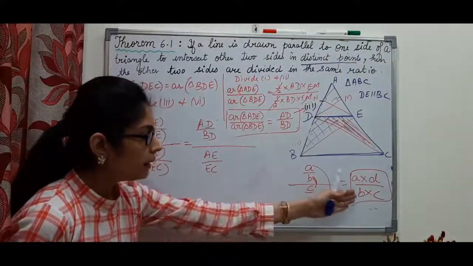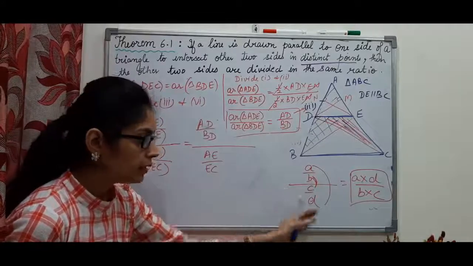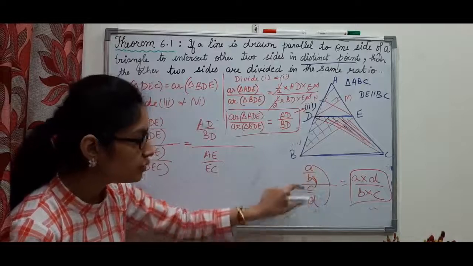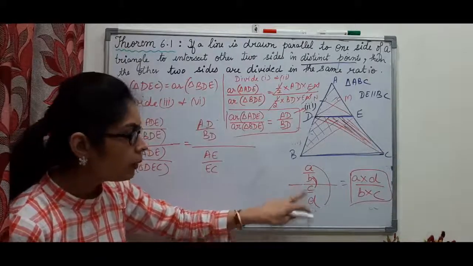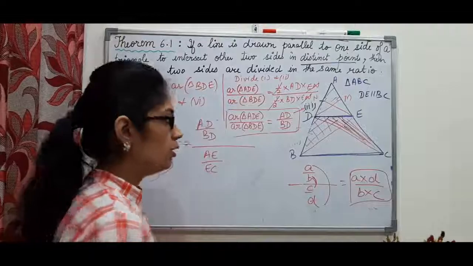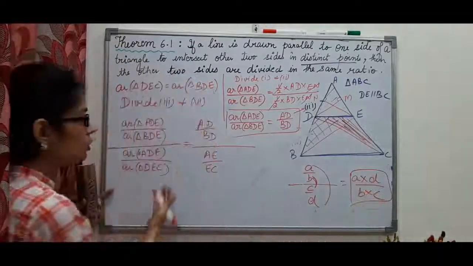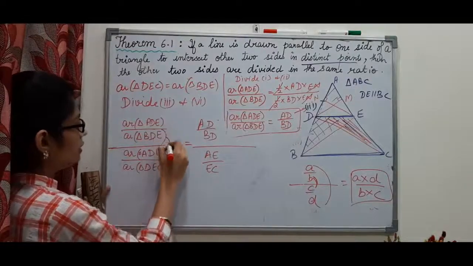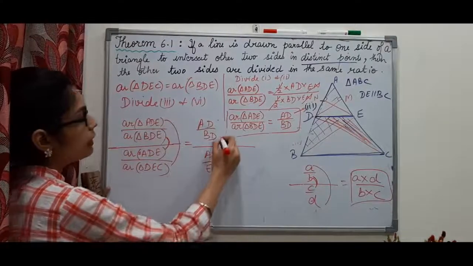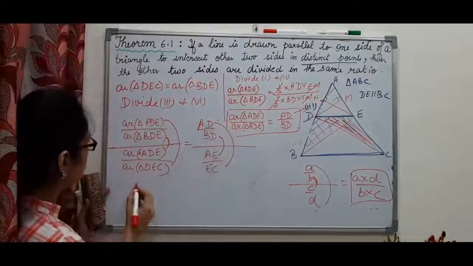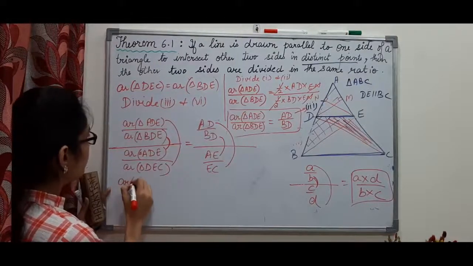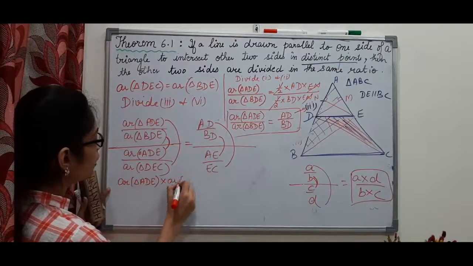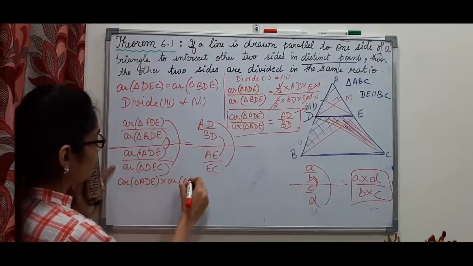A divided by B and it is getting divided by C by D. Outer terms will get multiplied with each other, and inner terms will get multiplied with each other, which means A into D. So this also we have to write in this way now. So these are inner terms and these are outer terms. Same way these are inner terms and these are outer terms. So I will write area of triangle ADE into outer terms, I am writing DEC.